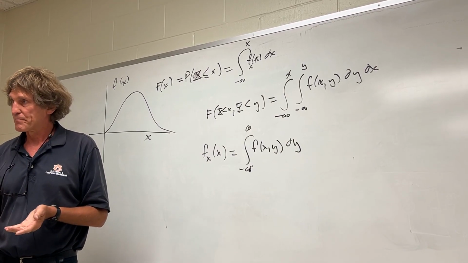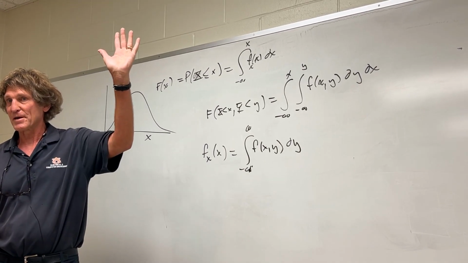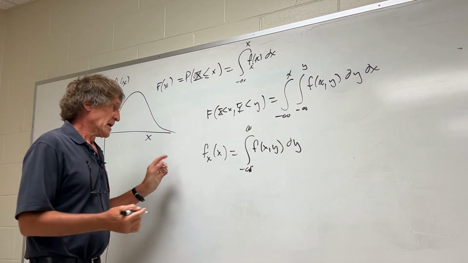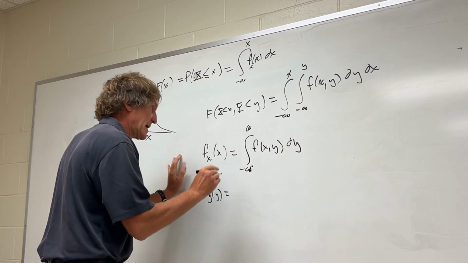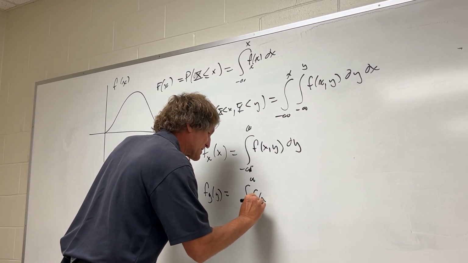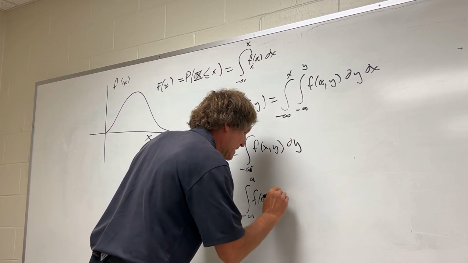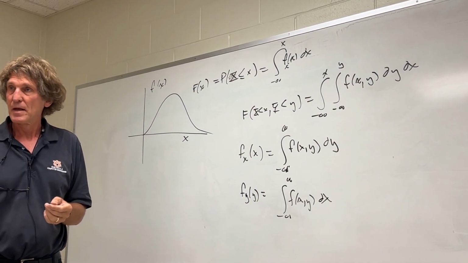Do you all remember that? How many do? I'm looking and I can't tell for sure. Okay. Likewise, if we wanted f of y, it would be an integral from minus infinity to infinity of f of x,y, and here we'd integrate out dx. These are just basic stuff, right?